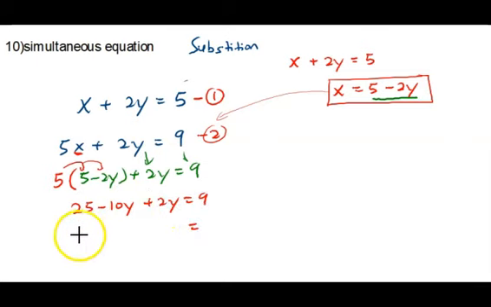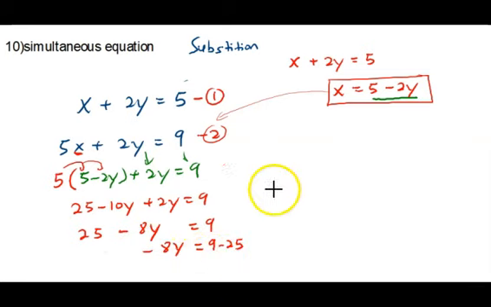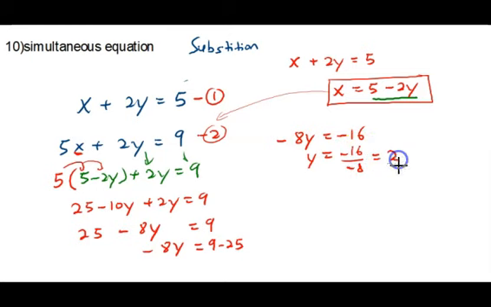So now over here we have 5 minus 8y. So the 5 we move there, we get negative 5. And here we are getting negative 8y equals negative 16. So for y we divide negative 16 by negative 8, we get 2. So y is 2 as your answer.